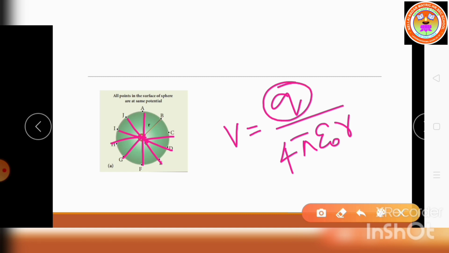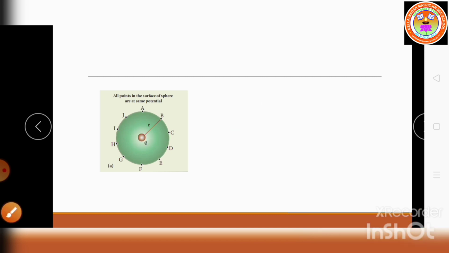So when Q and R are the same, all the points will have the same potential.